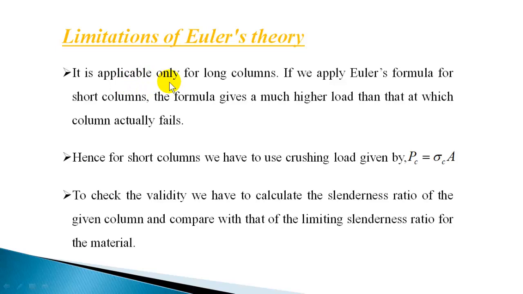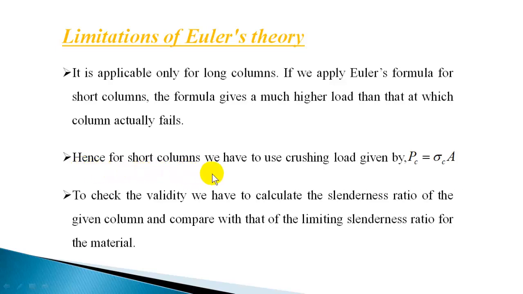So it is applicable only for long columns, and if you try to apply Euler's formula for a column which is short or whose slenderness ratio is less than the critical slenderness ratio for the material of the column, then the formula gives an excessively high load compared to that at which the column actually fails. So Euler's formula cannot be applied for short columns.